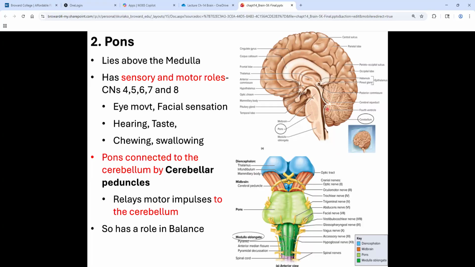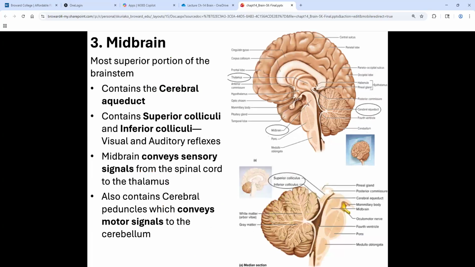What is the main function of the cerebellum? Balance. And I'll talk a little more about the cerebellum, about the functions, because it's got a little more than just balance. We'll come to that soon. So cerebellum, for the time being, just remember that cerebellum is associated with your balance.